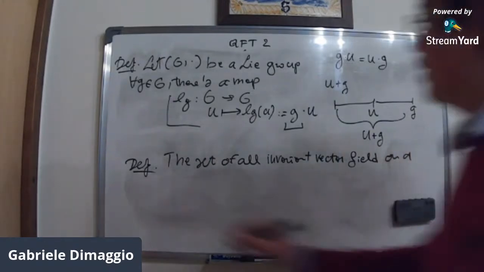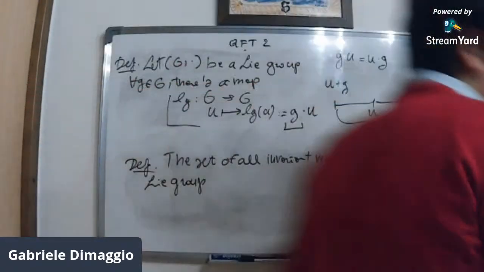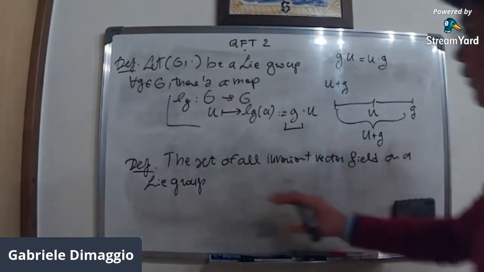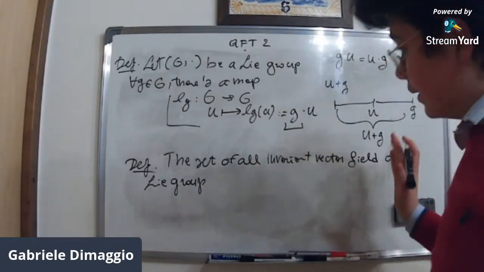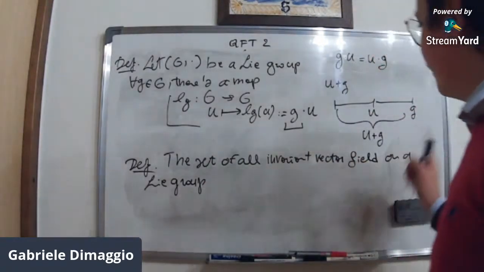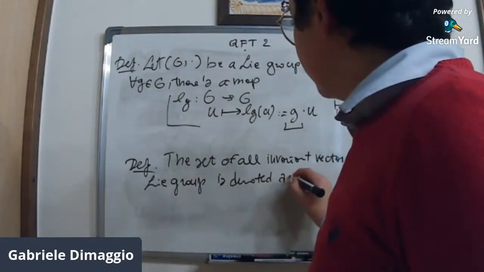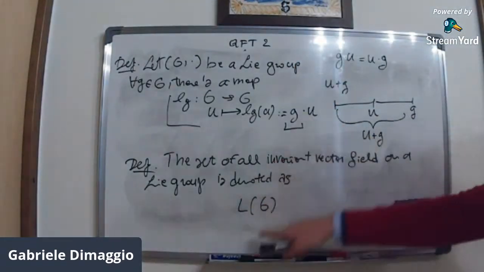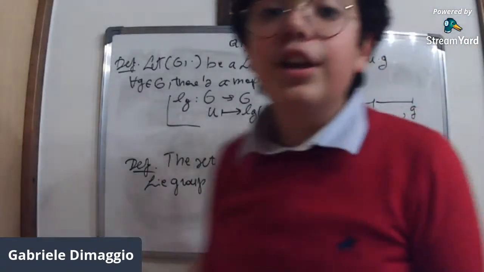A Lie group is a smooth manifold with a group structure, so I can have a tangent space, and here I can find a vector field x. The set of all invariant vector fields on a Lie group is denoted as Lg. This is the Lie algebra.